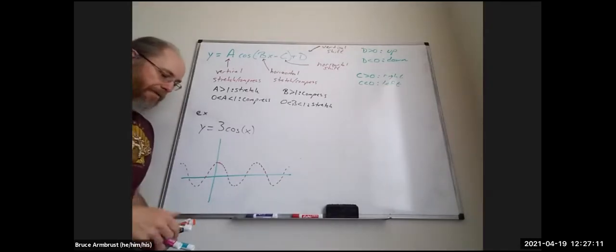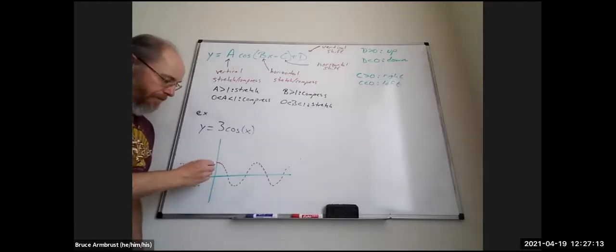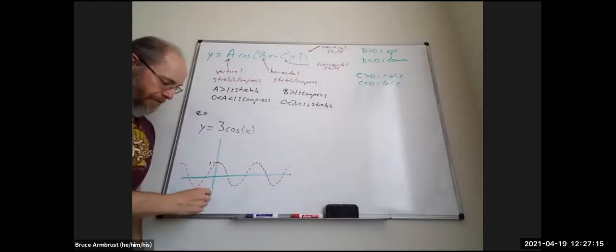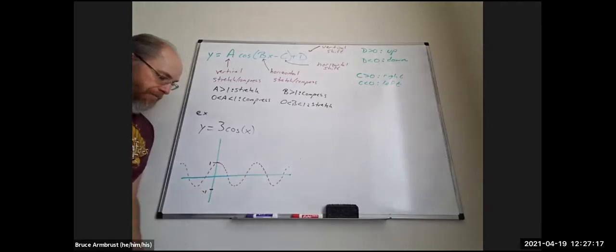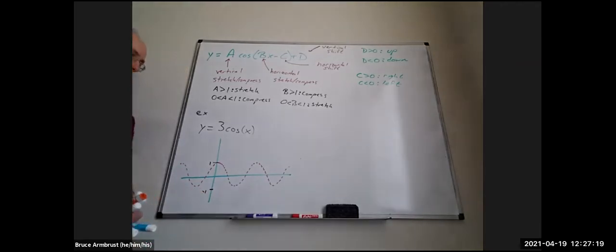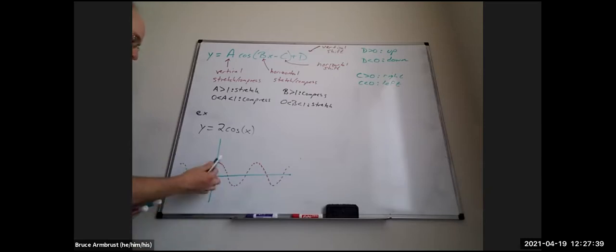We know that its maximum value is at 1, and its minimum value is at -1. I'm going to change this to a 2 just so I can fit it on my graph. Apologize for that. Make it y equals 2 cosine of x. So now what happens with this stretch compressed is that 2 means all of the y coordinates on this graph get doubled.